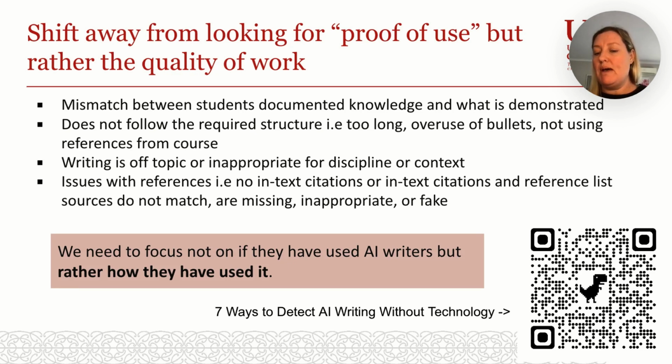So it's no longer about whether you're able to identify AI writing, but rather, one, whether the student has indicated that they've used it, that is, acknowledged the use, and two, whether they've used it appropriately.